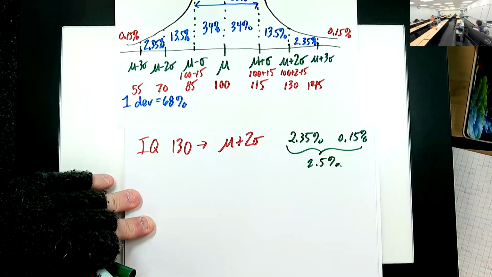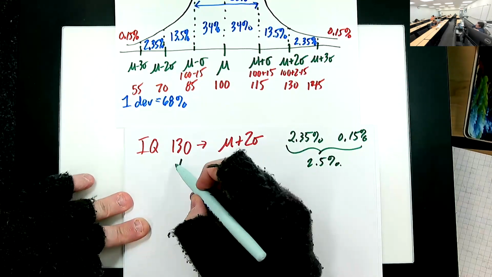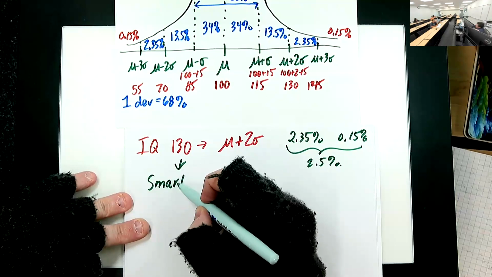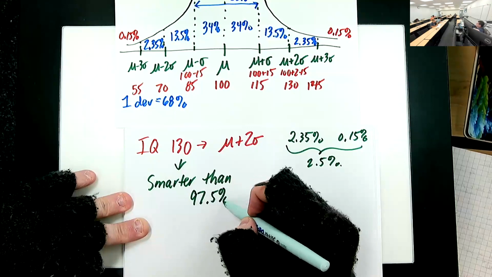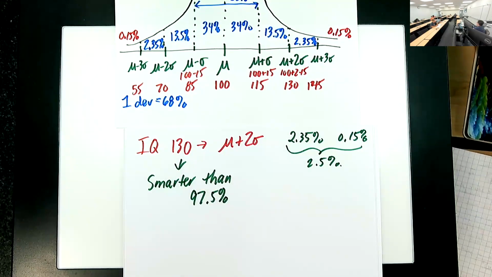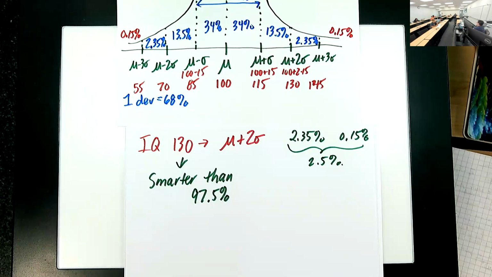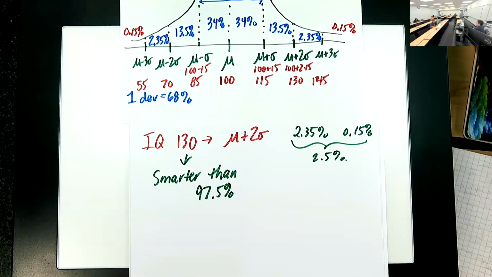Someone with a score of 130 is smarter than 97.5% of the people they meet. That's a fucking lonely life. You don't meet people that are smarter than you very often.